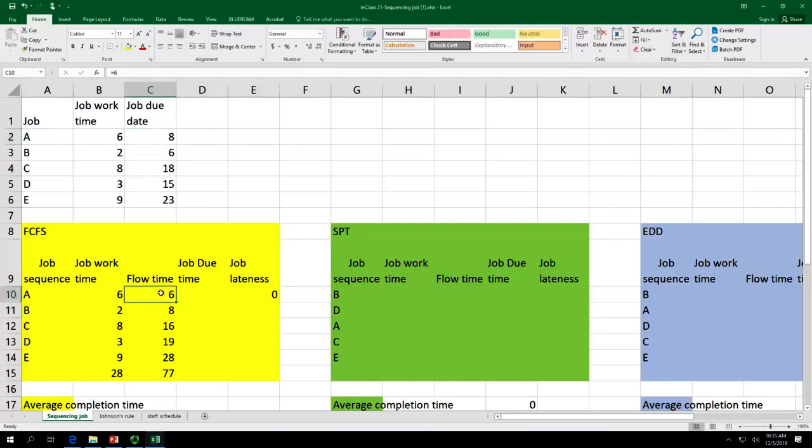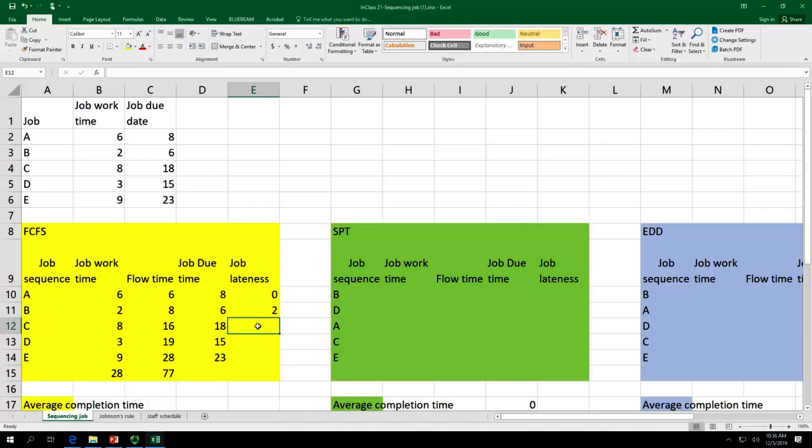Now you have the due time. I can copy this column over here. So 6 is less than over here, okay, 8. Now the first one, late time is 0. Second one, late time is 2.